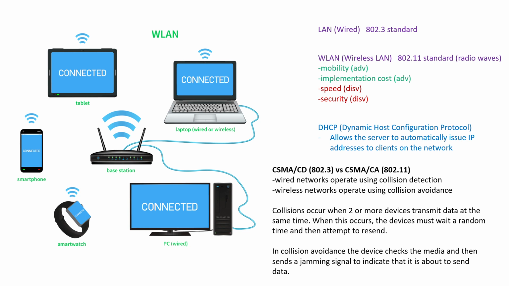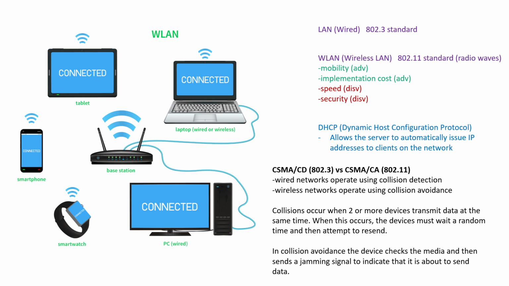So what happens is that each device will activate a random timer. And so a random amount of time will be issued to each device that will indicate when they are going to try to resend on the network. And the hope here is that because of this randomization, when they attempt to transmit over the medium, then at that point there will be no collision because they will be the only device that would be transmitting. So that's how collision detection operates.